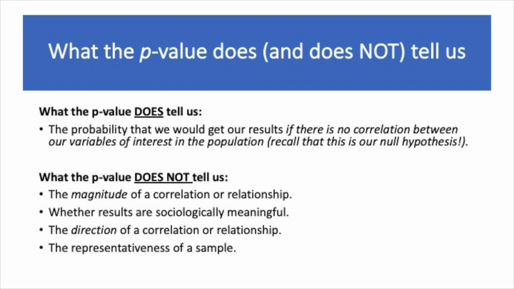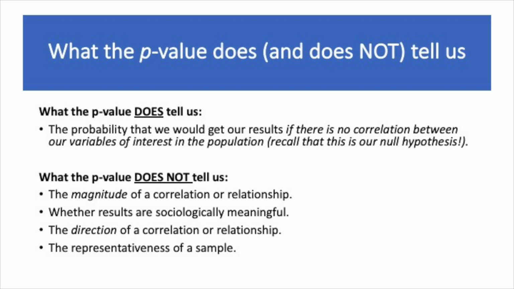Finally, I want to discuss what the p-value does tell us and also what it does not tell us. Okay, so the p-value doesn't tell us everything there is to know about our hypothesis and about our research, right? The p-value does tell us the probability that we would get our results if there was actually no correlation between our variables of interest in the population.